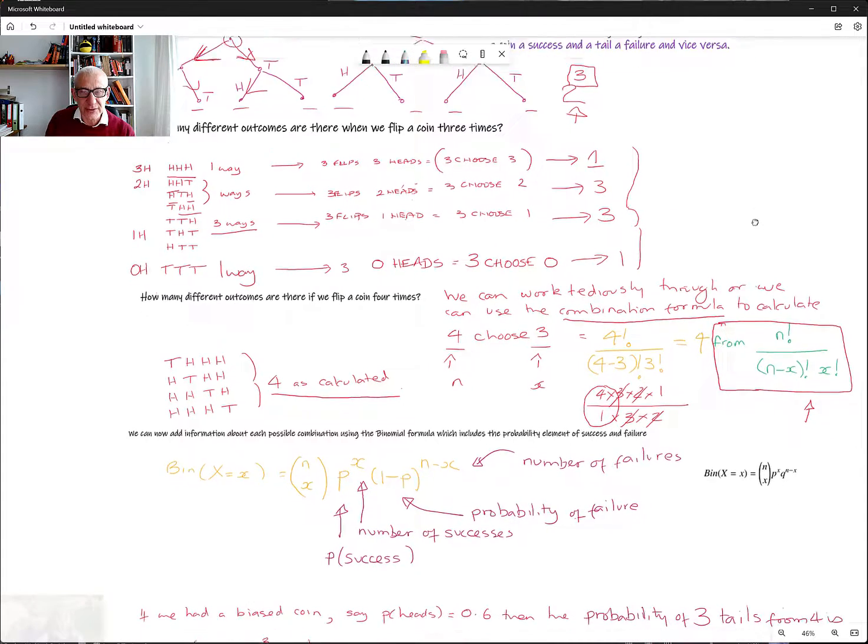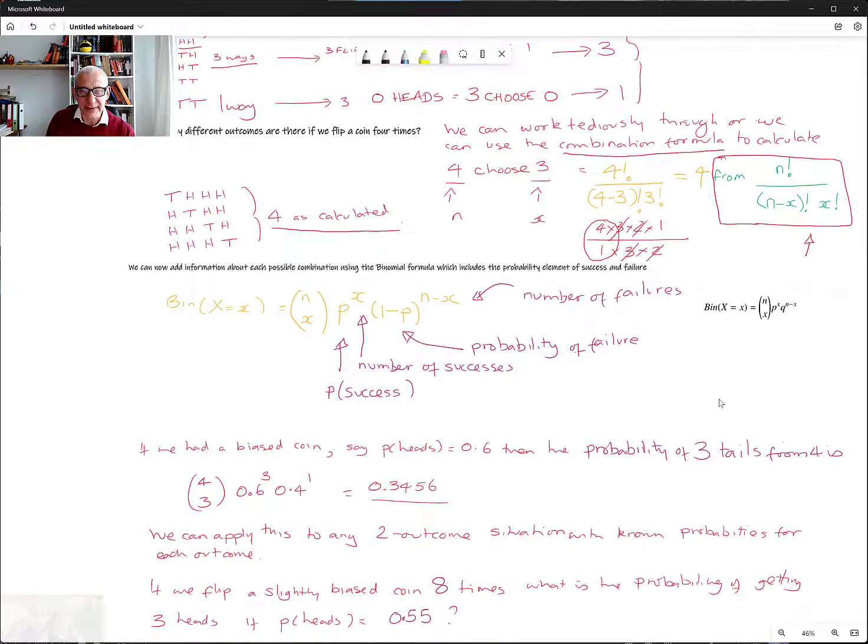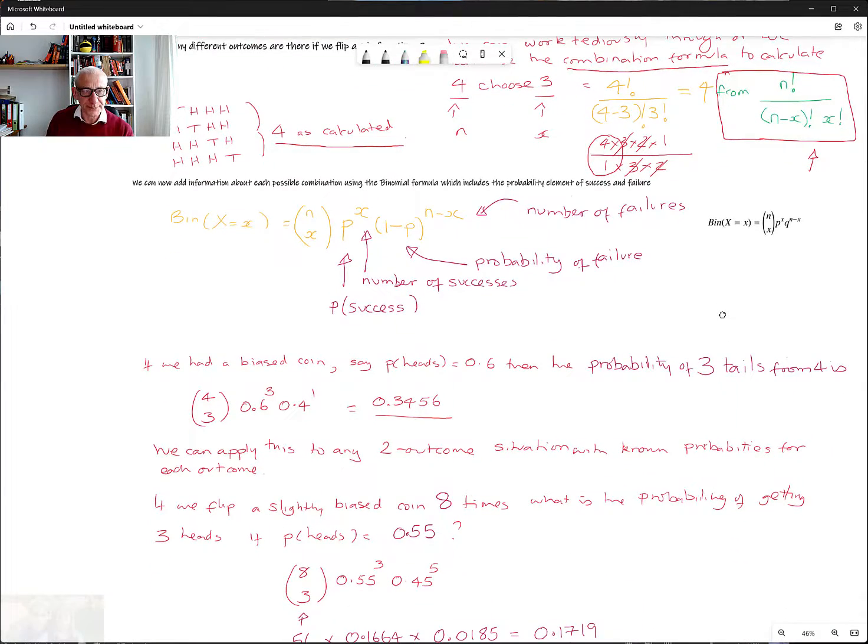So let's just move the screen up a bit and see where we are. We can now add information about each possible combination using the binomial formula, which includes the probability element of success and failure. So in this little image here, the n over the x is n choose x. That's the combinations part. And this bit is the probabilities part.